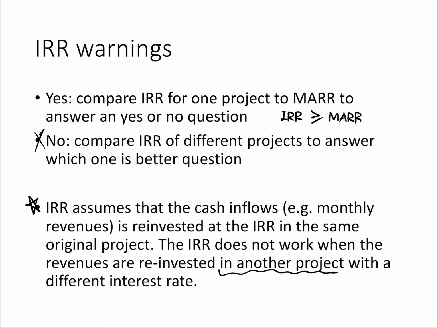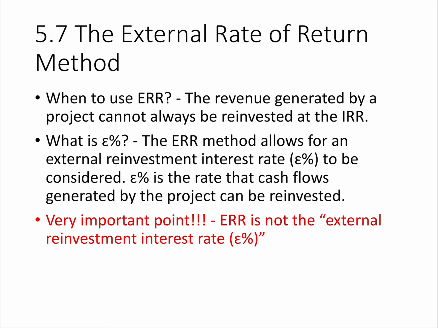And that television business is going to have a totally different interest rate compared to the cell phone industry. So in that case, you cannot use the IRR method. So what do you use? That's the case when you want to use the external rate of return method.